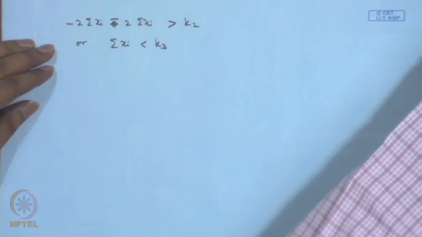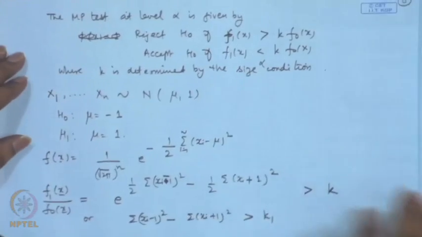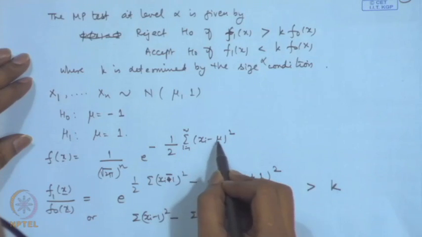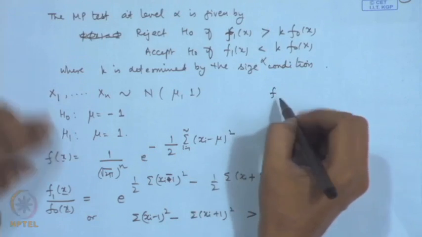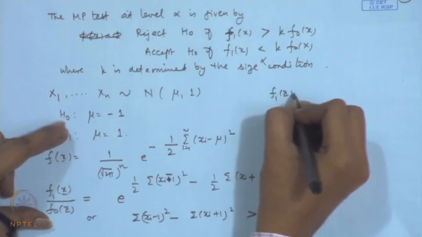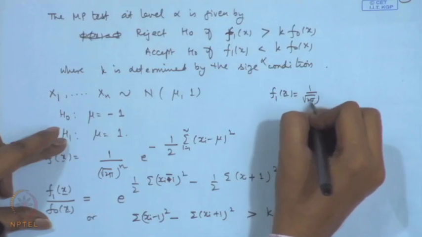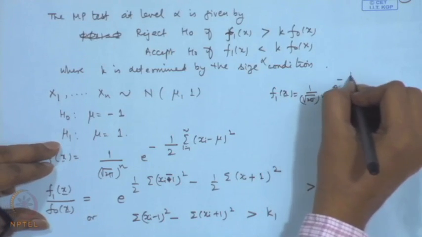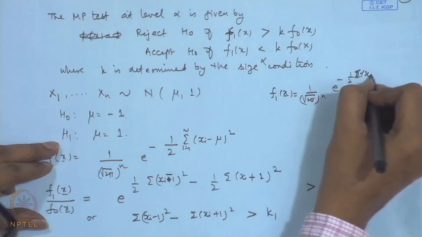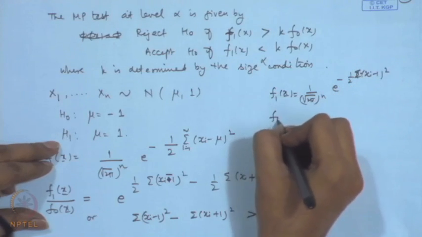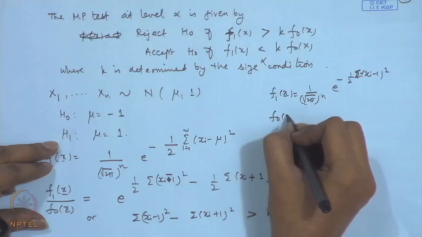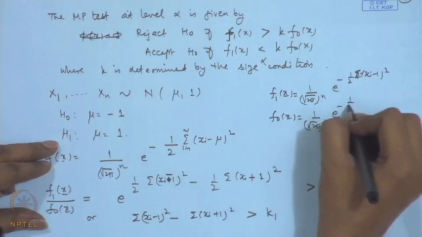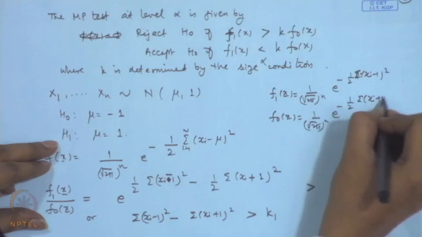Let us check the steps here. f of x is equal to 1 by root 2 pi to the power n, e to the power minus 1 by 2 sigma (x i minus mu) square. So, if we write f 1 of x here, f 1 will become equal to 1 by root 2 pi to the power n, e to the power minus 1 by 2 sigma (x i minus 1) square, and f naught will become equal to 1 by root 2 pi to the power n, e to the power minus 1 by 2 sigma (x i plus 1) square.